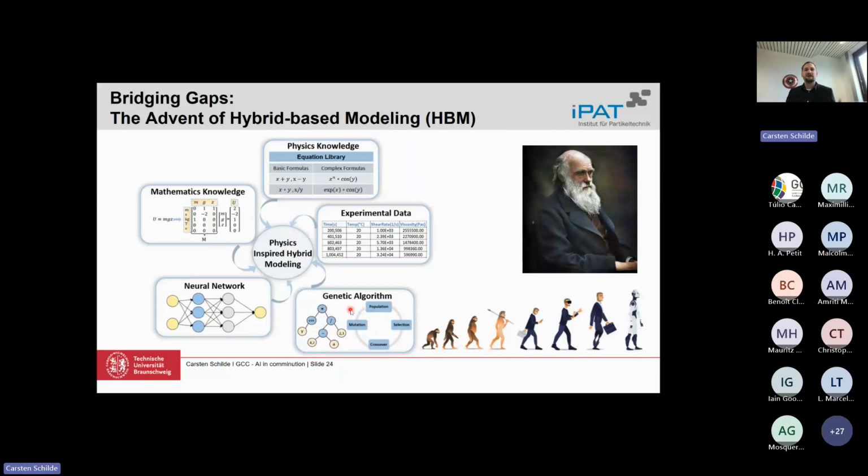So we find the best trees, make a crossover between them, and then mutate them, make daughter trees, and then find again the best ones, having a loop like in evolution in order to get the best equation.